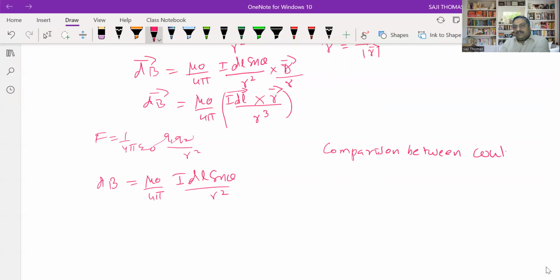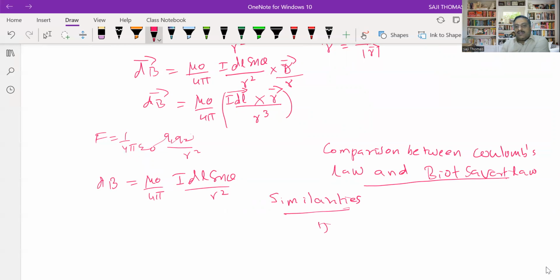So, comparison between Coulomb's law and Biot-Savart law. First, similarities I am writing.